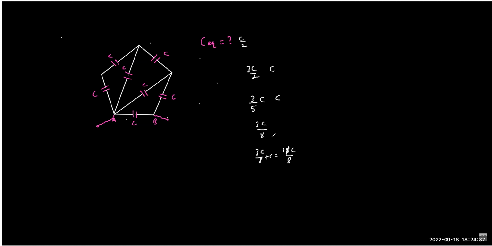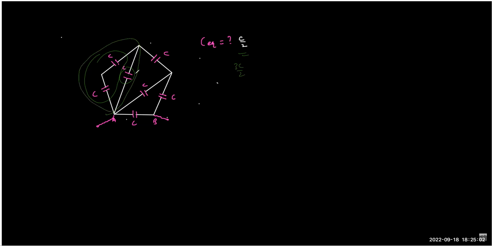How did you do it after that? Okay, I'll just show you. First of all, you need to go from here. These two are in series combination, C by 2. And that is in parallel with this, so 3C by 2. And 3C by 2 and this C are in series again. So 3C by 2 and C is how much? 3C by 5.